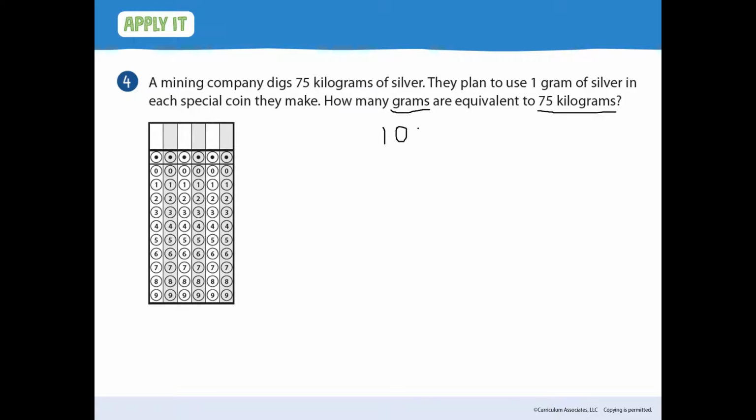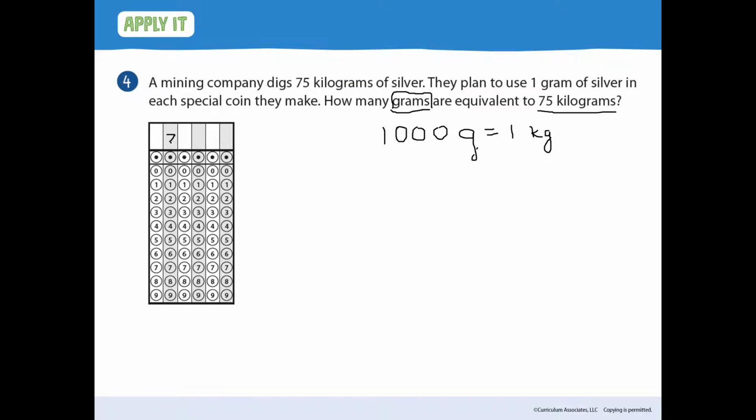There are 1,000 grams that equal 1 kilogram. So our number of grams is going to be a bigger number. So we're going to multiply 75 by 1,000 so that we have more grams. So 75 times 1,000 is 75,000.